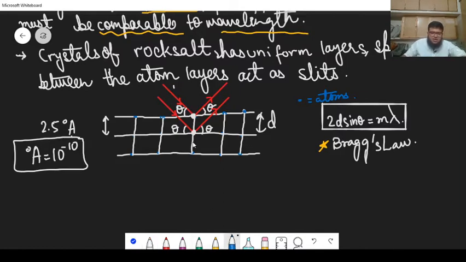In this layer, the atom which is right adjacent to that first atom, this X-ray comes and hits that atom and gets reflected from here. The distance that it has traveled is not the same as the distance traveled by the first ray, but rather the distance traveled by the second ray is longer than the distance traveled by the first ray.